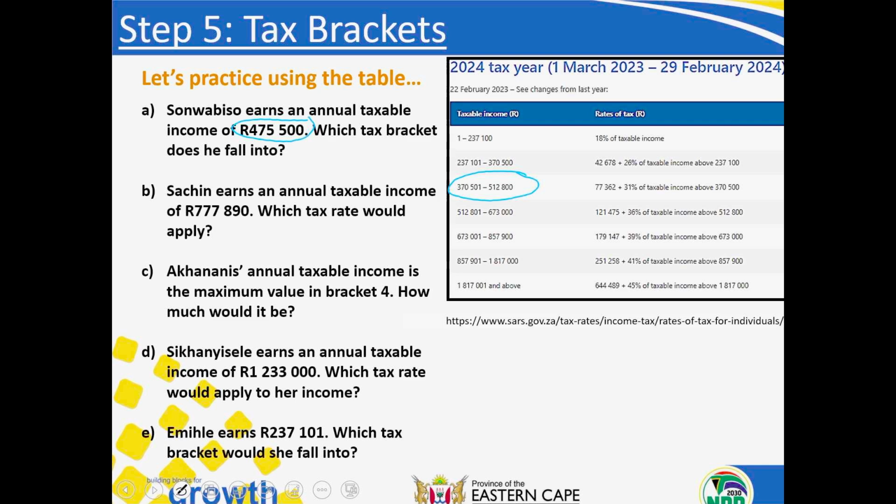Well done. Question B. Sachin earns an annual taxable income of 777,890 Rand. Which tax rate would apply? So, if you're reading carefully, you would notice a difference between question A and question B. In question A, it says which tax bracket, and that is why we focused on the first column.